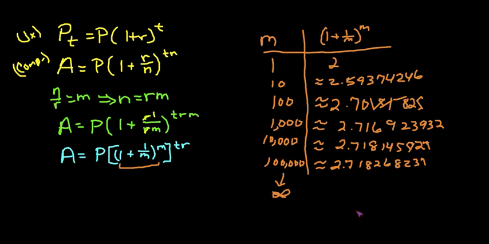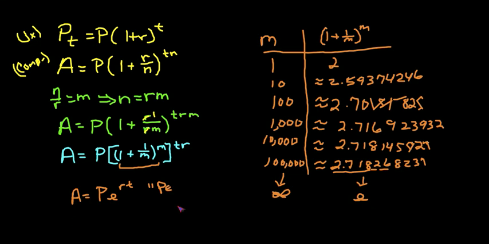And as that happens, you start recognizing a little pattern happening here. The value actually starts approaching the magic value that we talked about in one of the earlier videos, e. So, our natural exponential function, which leads us to a simplification of this into being A equals P e raised to the r t.